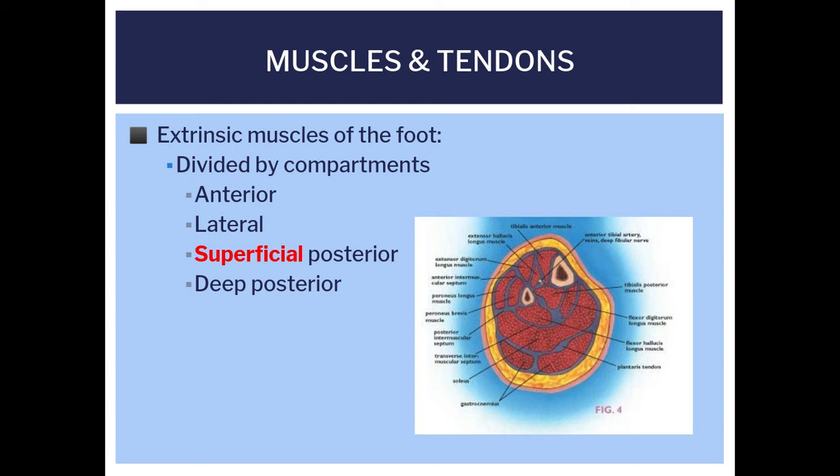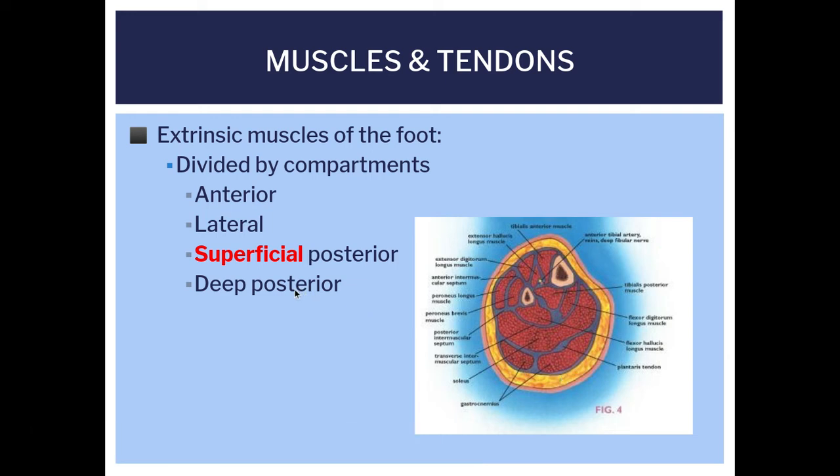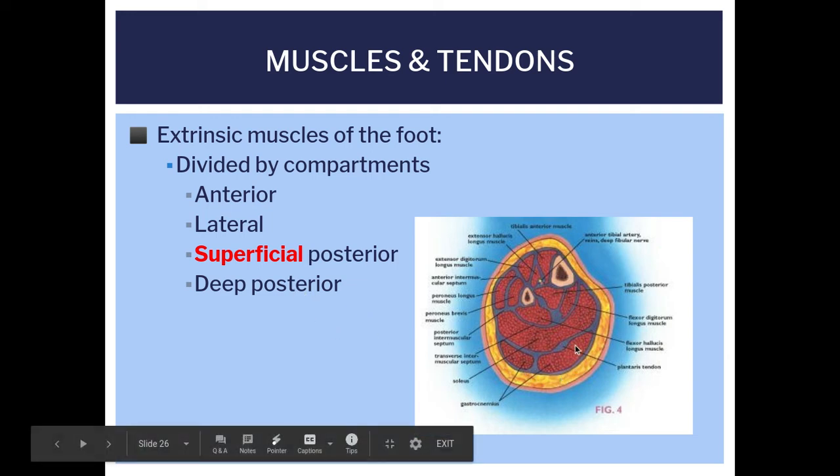So again, I do not expect you guys to have all of this memorized right now, but just know that there are 4 compartments in your lower leg, and they are named anterior. So obviously the anterior compartment is going to be in the front. You have your lateral compartment, which is going to be the lateral side. You have your superficial posterior. So this is closer to the skin and it's on the back side. And then you have your deep posterior. Deep means further in, and it's going to be more here.